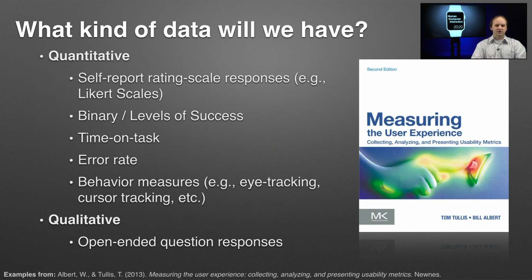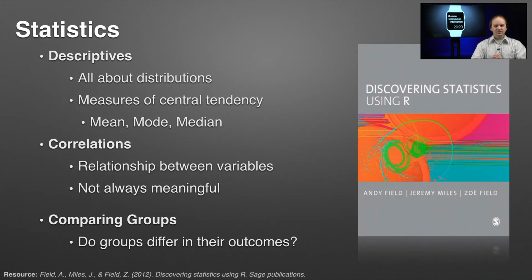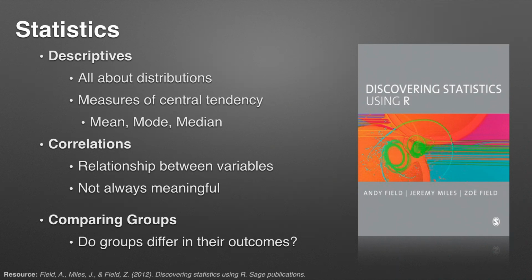And we've talked about these measures in general last time, the different types of quantitative and qualitative data, but we'll talk about how to analyze them. So today we'll also spend some time discussing just some basic statistics. This Intro to HCI course is just a mixed bag of everything.